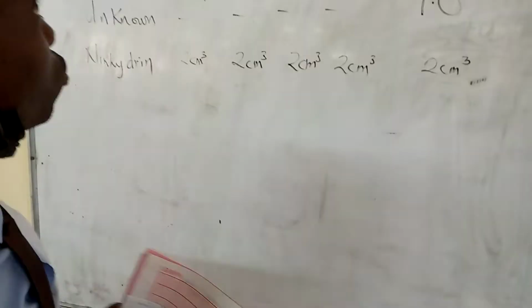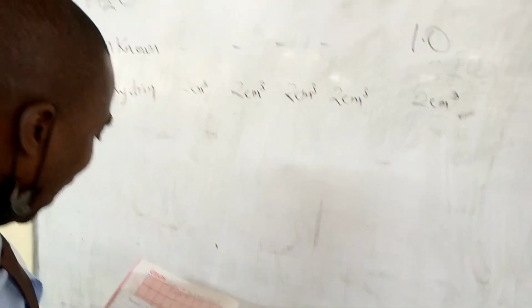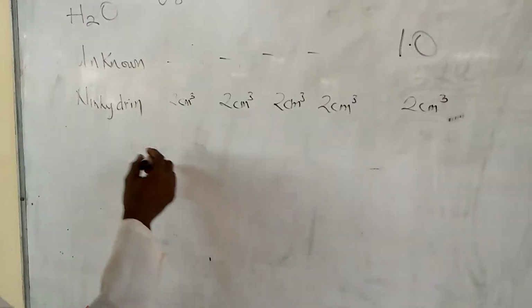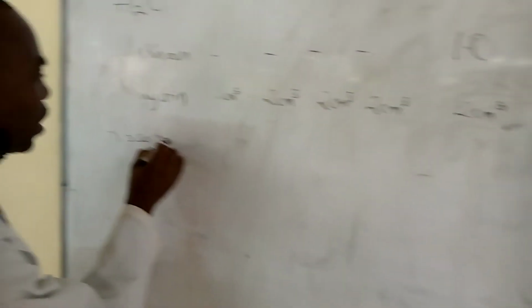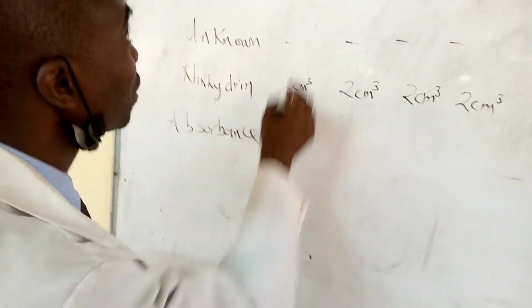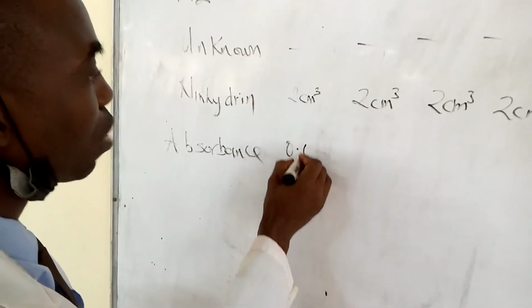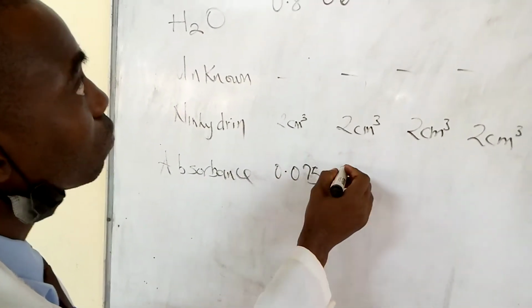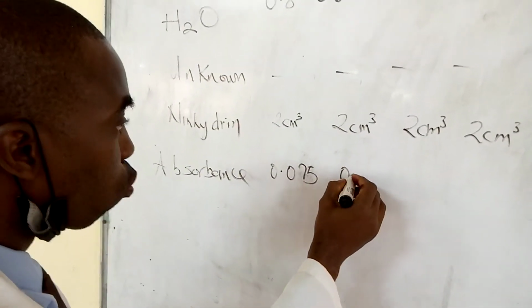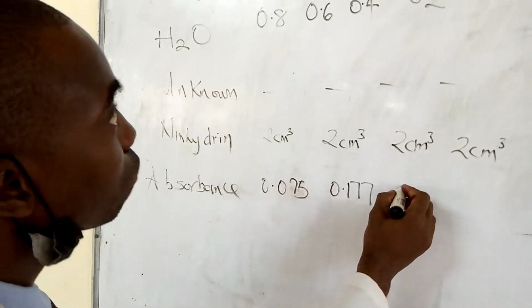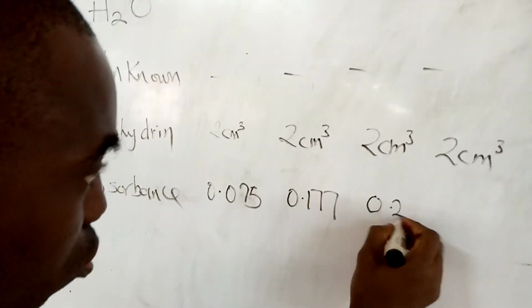I'm going to give you some readings from what I have done in the lab, and then you can use this to plot your own graph. So this is absorbance for tube 1 from what I've done. For tube 1, I have 0.075. For tube 2, I have 0.177. For tube 3, I have 0.225.